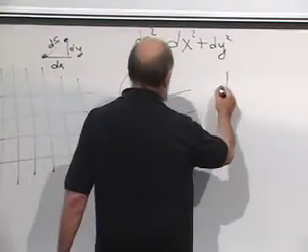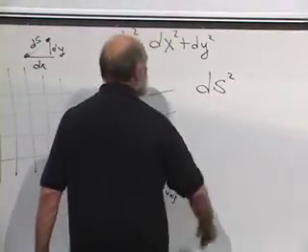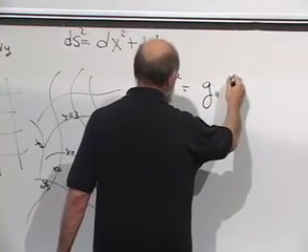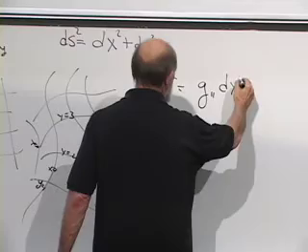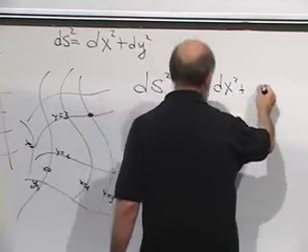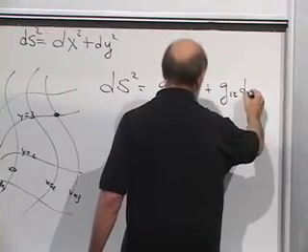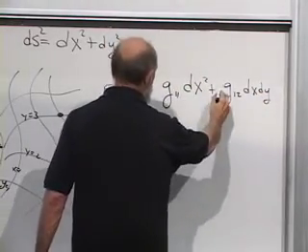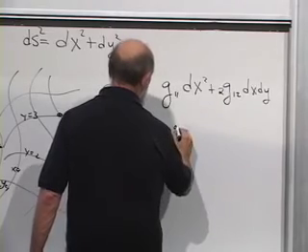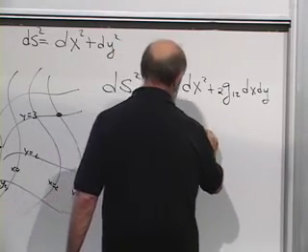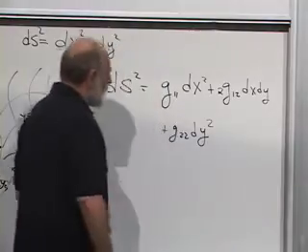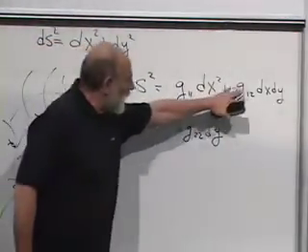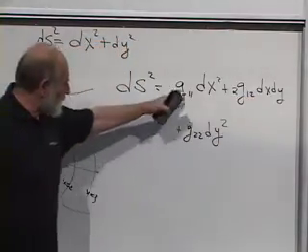It's ds squared, with some coefficients. Whatever it is, it will involve these little differential displacements quadratically, to the second powers.